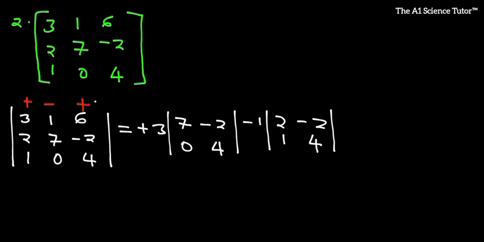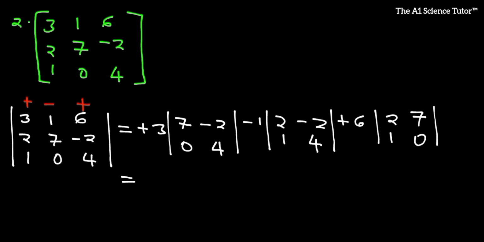And finally, I have a +6. So crossing out these ones and this, I'm going to have 2, 7, 1, 0. So this is 2, 7, and here we have a 1, 0.